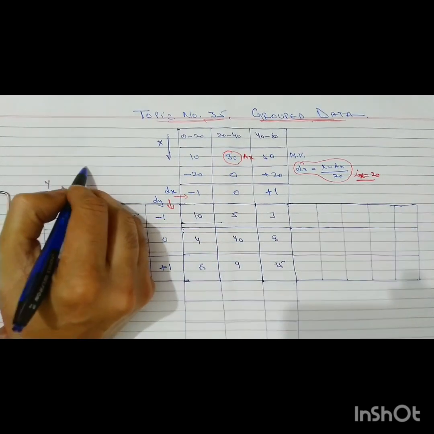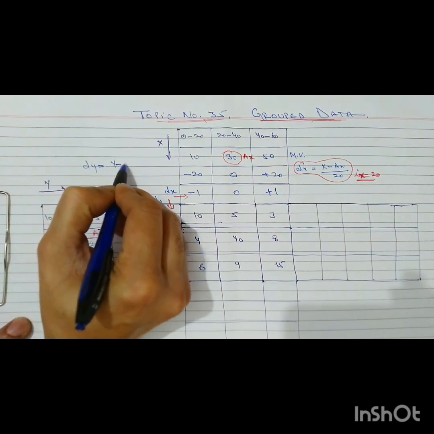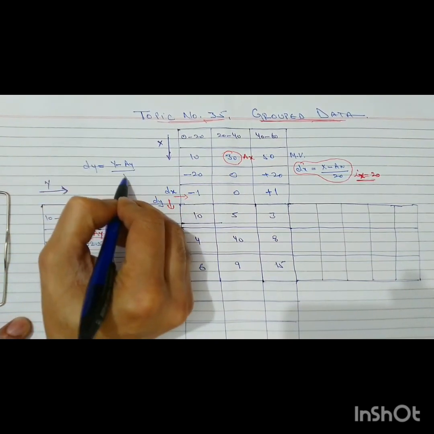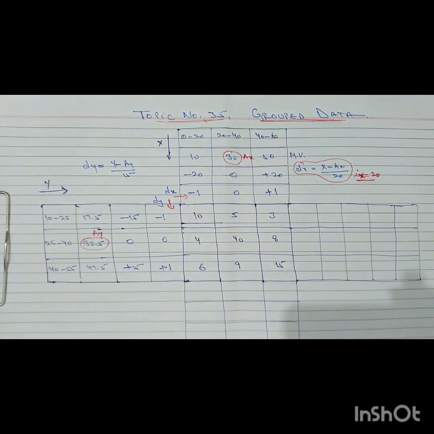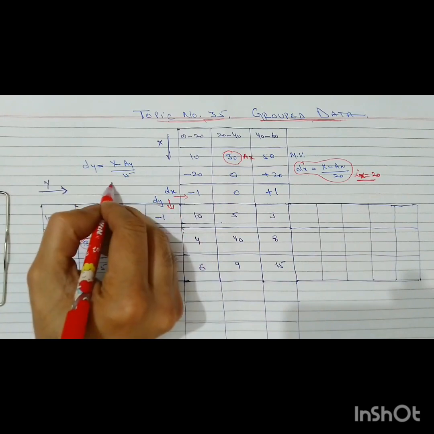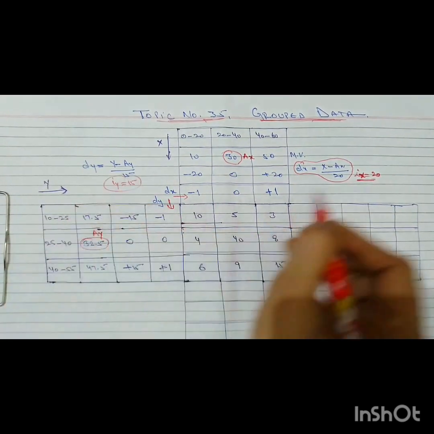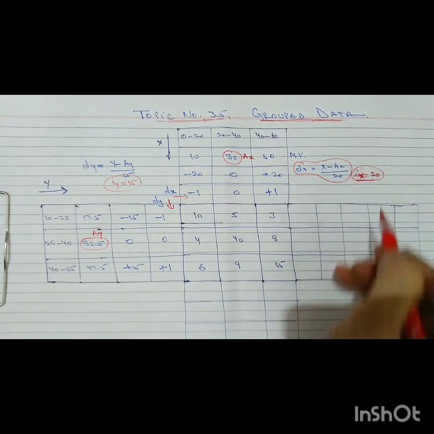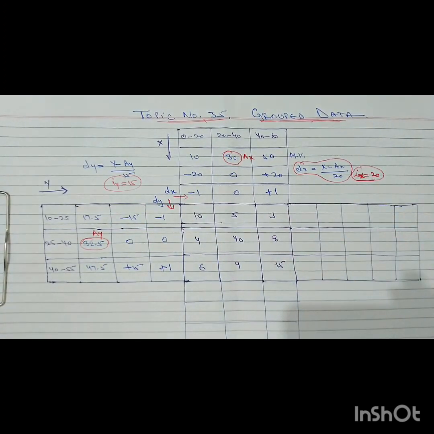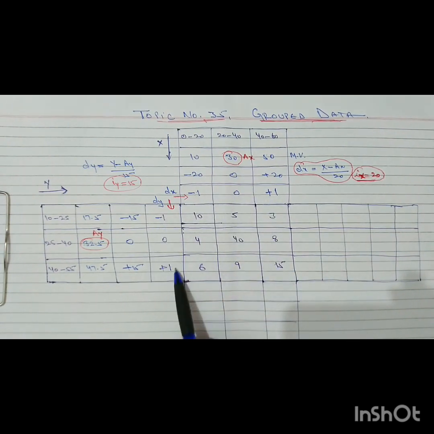So dy equals (y minus AY) over 15. Clear? dy is (y minus AY) over 15, where 15 is iy, the common factor. Here ix is 20. So dx is minus 1, 0, plus 1, and dy is minus 1, 0, plus 1.